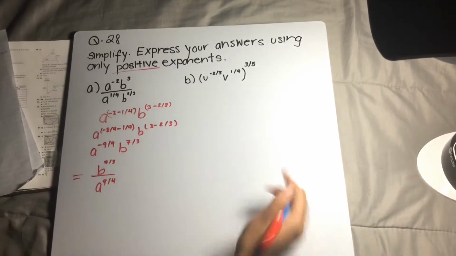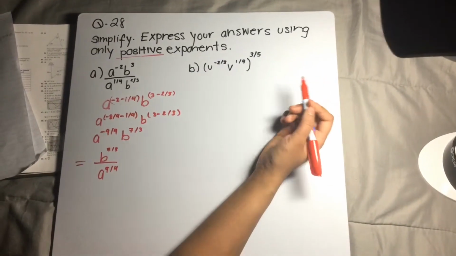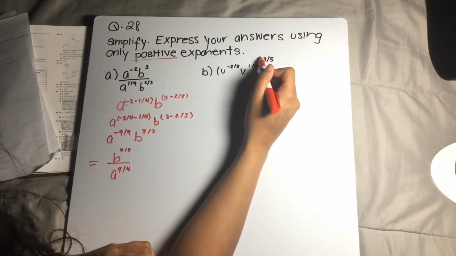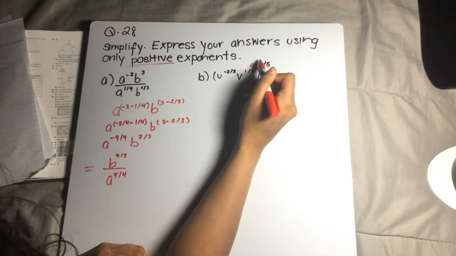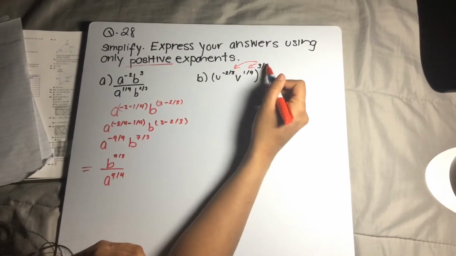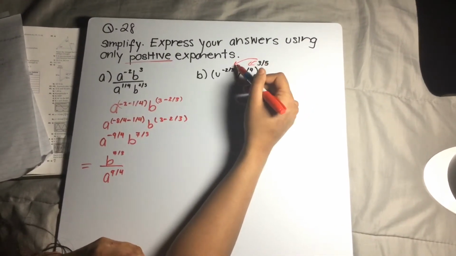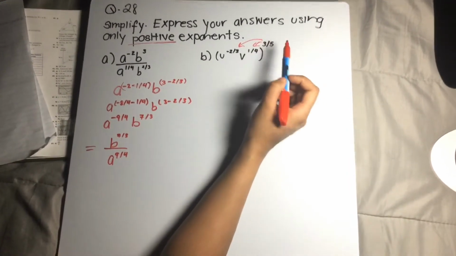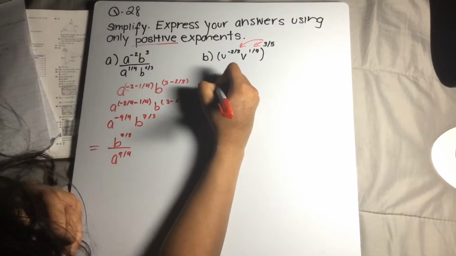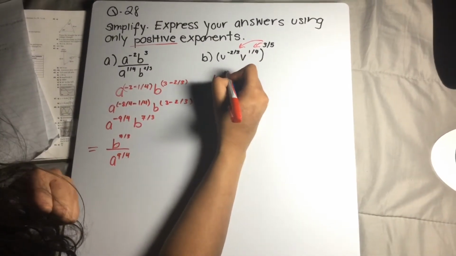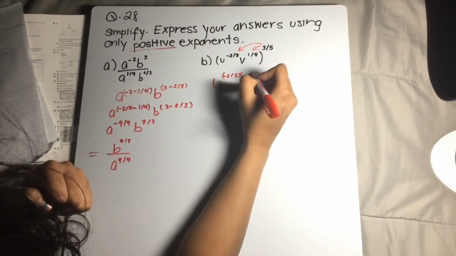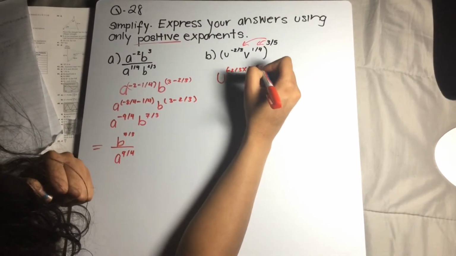Moving on to b. B is just expanding, getting the exponent into the brackets, distributing. The exponent is going to be distributed to each exponent in the bracket, and what you're going to do is multiply the exponents. For each variable, right now you have u to the -2/3. You're going to multiply that by 3/5.